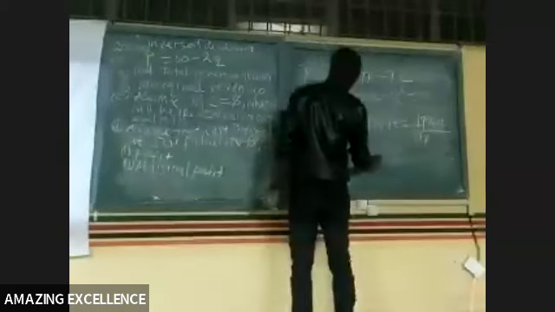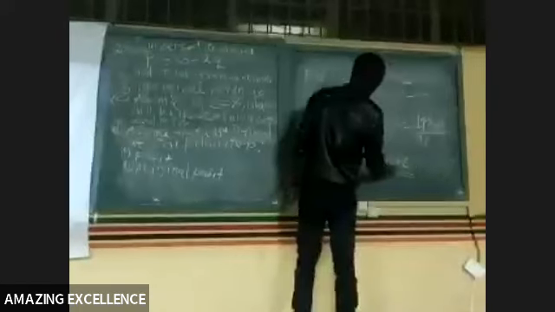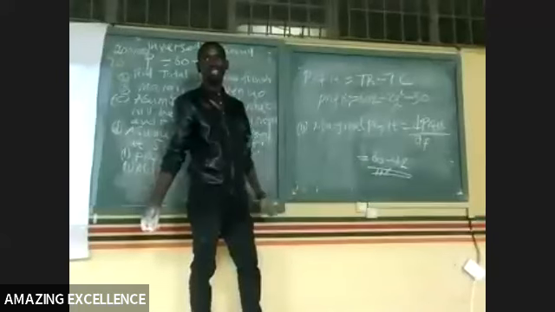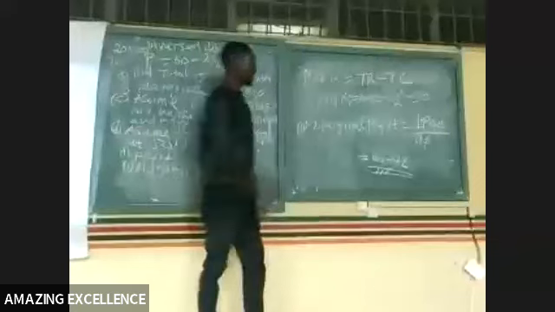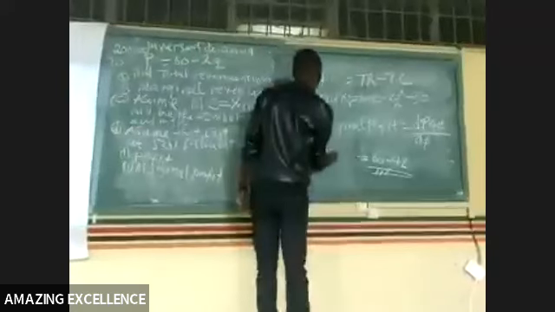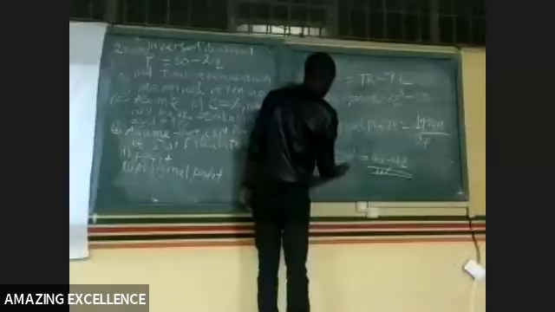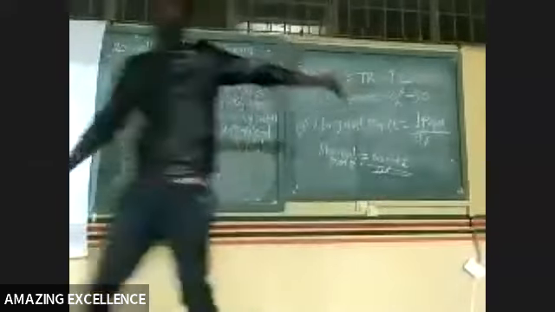So what do we get? We get 60 minus 4Q, right? Did you get that? This is your marginal profit. Now, what you should be interested in examining is where has the constant gone. You know how you differentiate. When you differentiate a constant, it becomes zero.